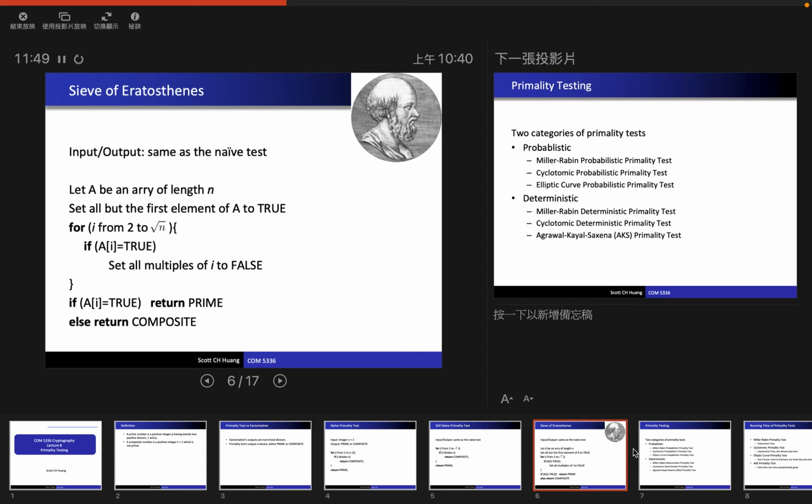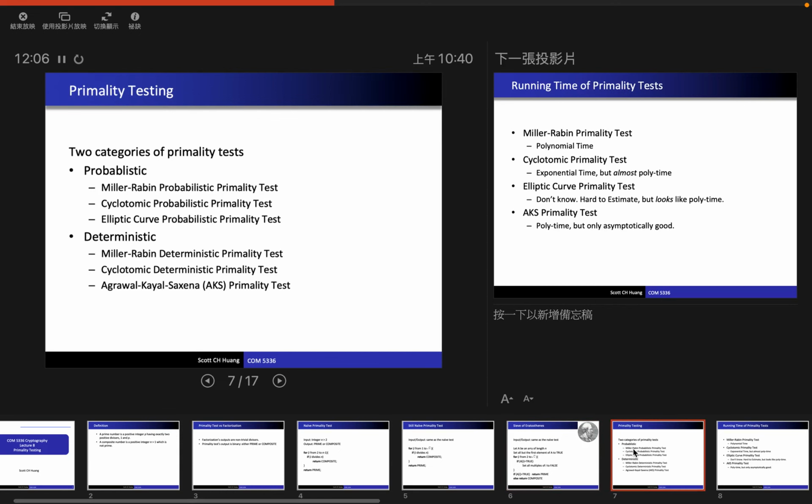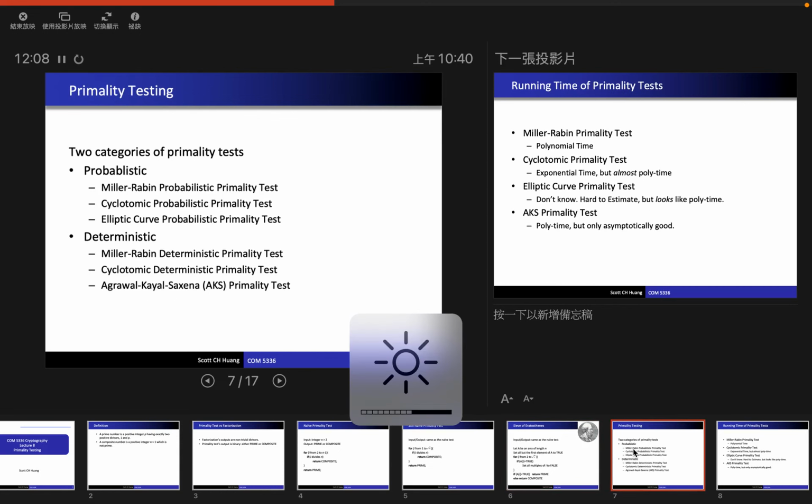And then we keep going. If a number is not set, for example 3, it will be true. And then we just keep going. So that's the sieve of Eratosthenes. These are just history. They are all exponential time.